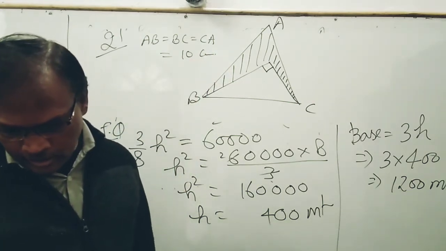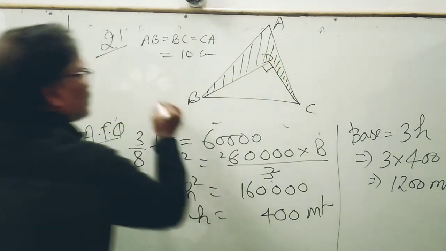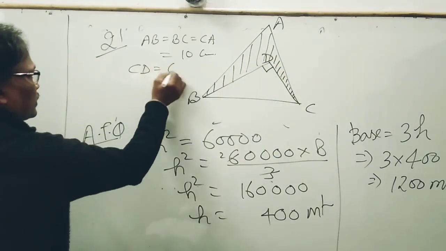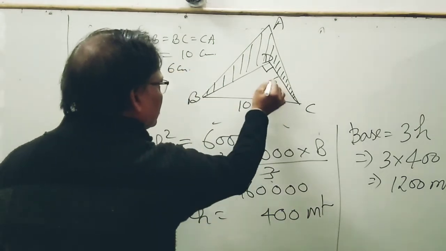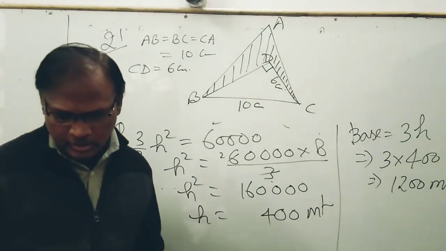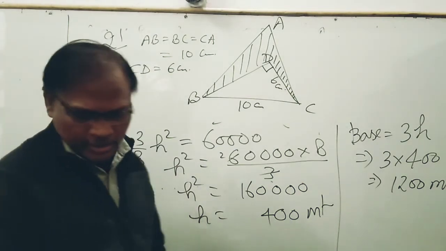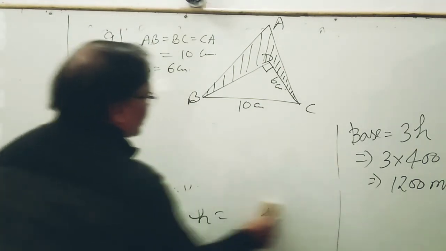Angle D 90 degree. CD is equal to 6 centimeter. This is D. And CD is 6 centimeter. This is 10 centimeter. This is 6 centimeter. Find the area of the shaded region. Area of the shaded region.